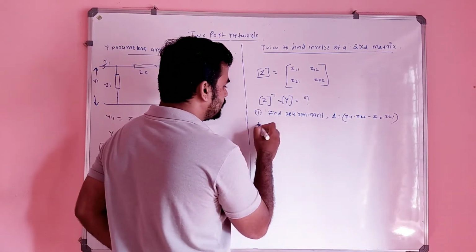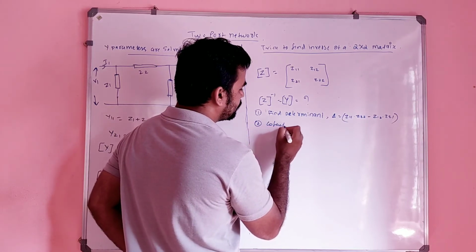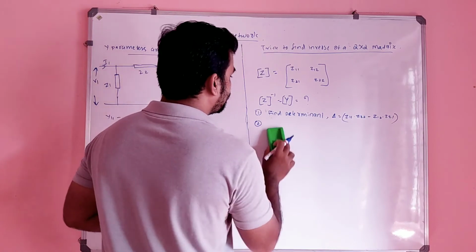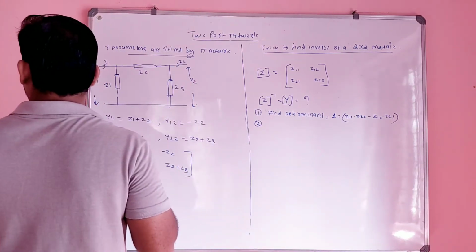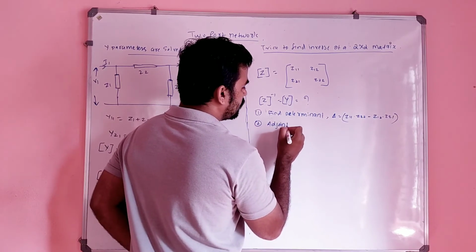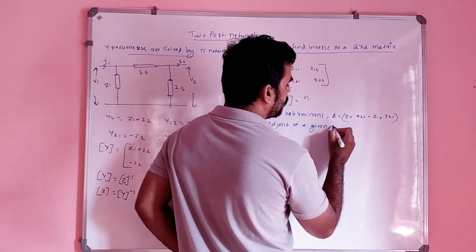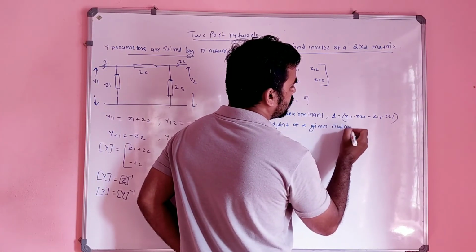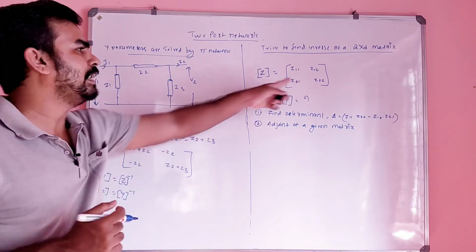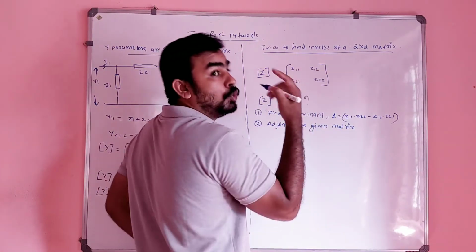And the second step is the adjoint, not the cofactor matrix. How can we find the adjoint of this matrix? It's very easy to find the adjoint of a 2 by 2 matrix.